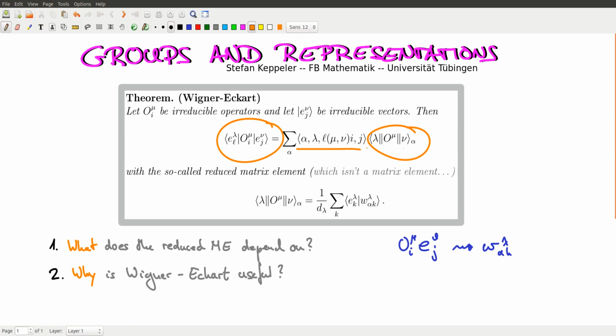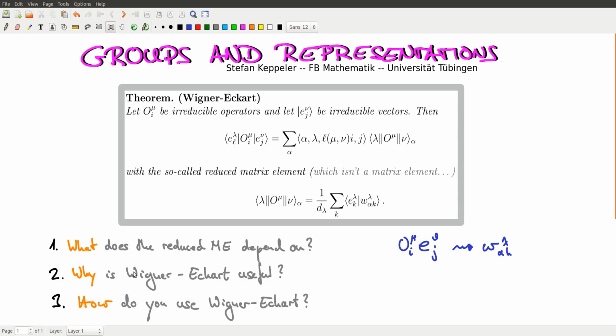So the idea is that if this is some physics application, then all the physics is in this reduced matrix element. And the Clebsch-Gordon coefficients, that's just some representation theory. So many matrix elements here are fixed by a few reduced matrix elements, and then some information on the representation theory that's involved here.